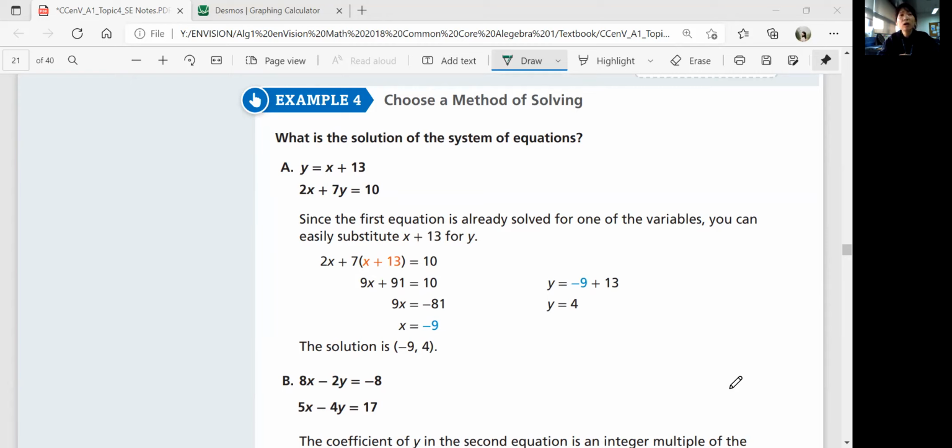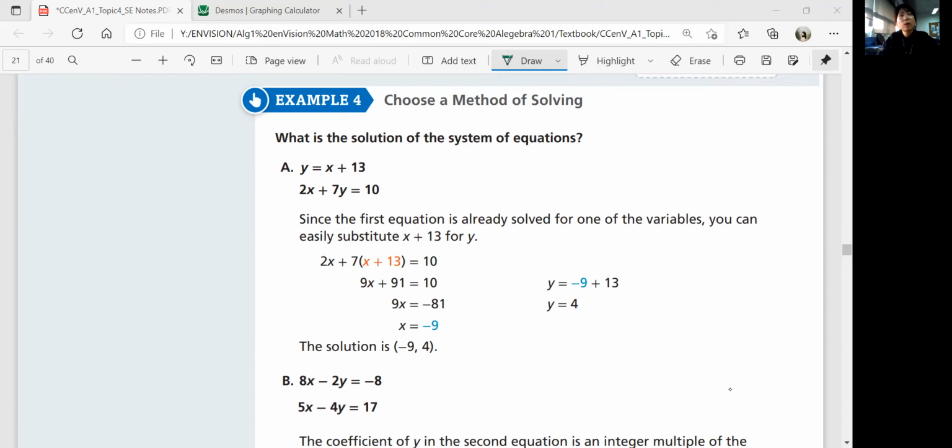Yes, there are cases where it is obviously easy to choose one method over all the others. Okay, graphing is not as exact. Substitution might not be convenient when you can just eliminate easily, right?